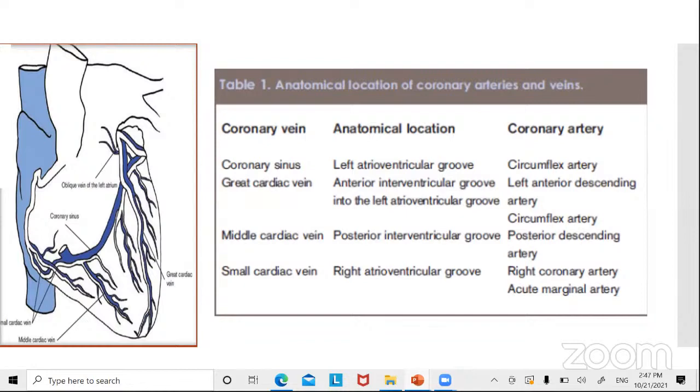The middle cardiac vein runs in the posterior interventricular groove, along with the PDA, and finally the small cardiac vein runs along the right atrioventricular groove, along with the right coronary artery and the acute marginal artery.